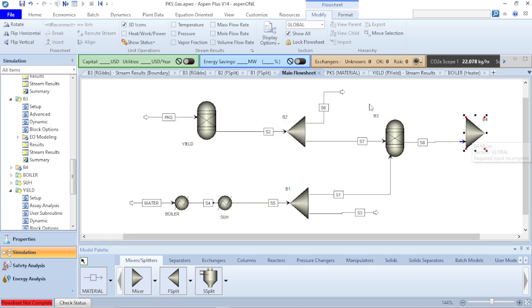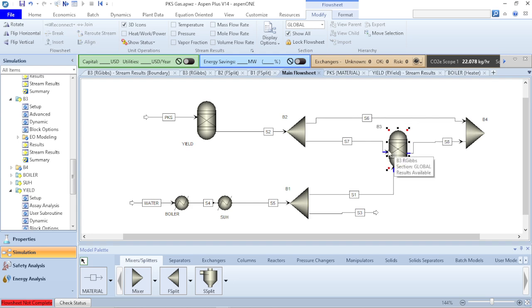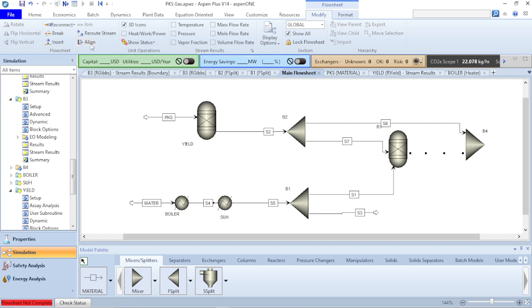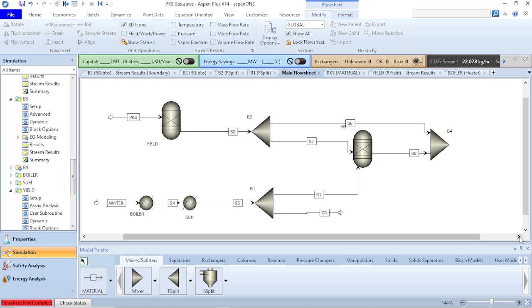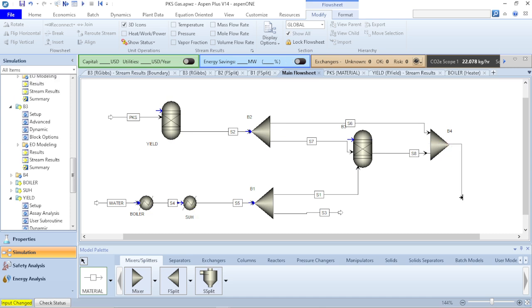Then we bring this down and send this to another Gibbs reactor.